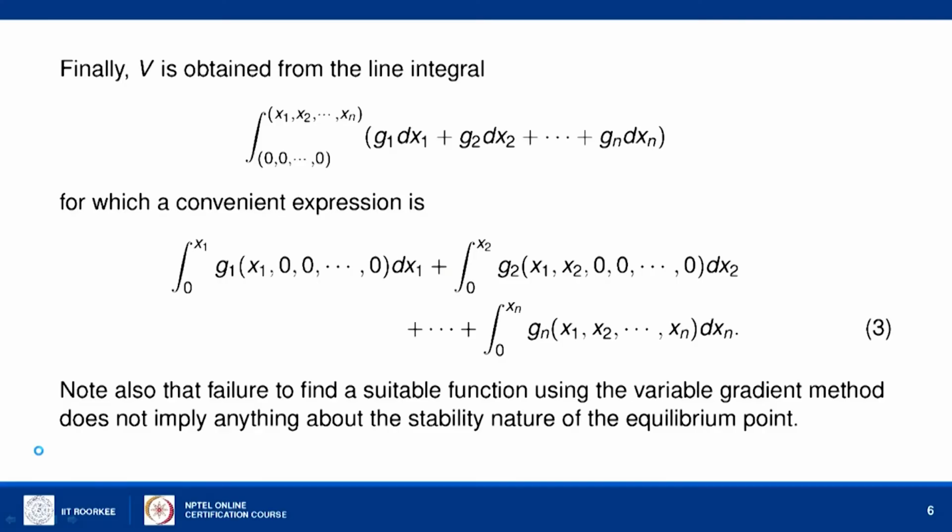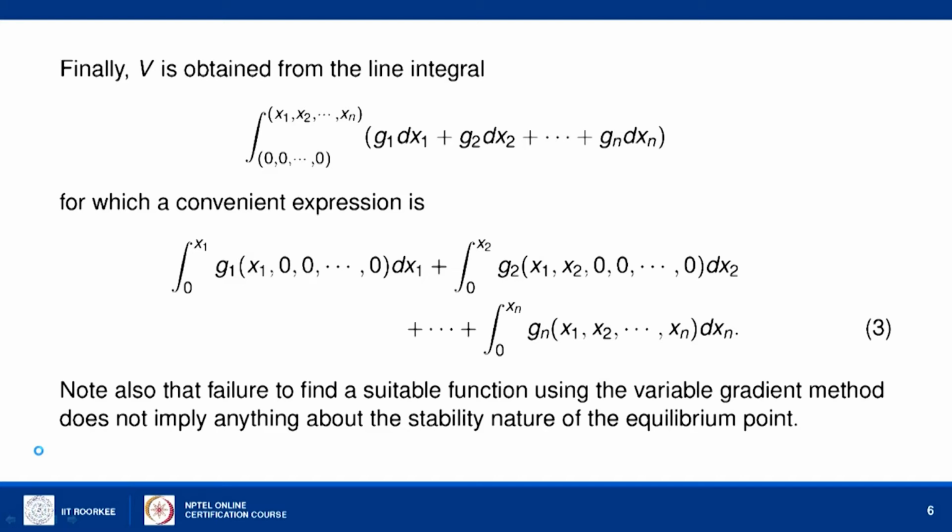So, it satisfies the condition del g i by del x j should be equal to del g j by del x i, for i not equal to j. With this condition and the requirement that v dot should be negative definite, we should select the functions aij. That is the procedure. To find the function v, we can follow this particular procedure.